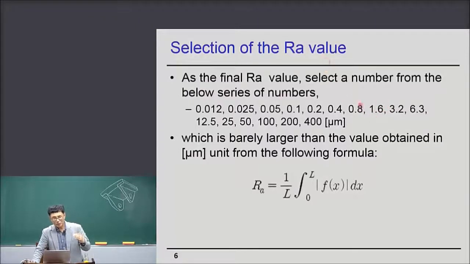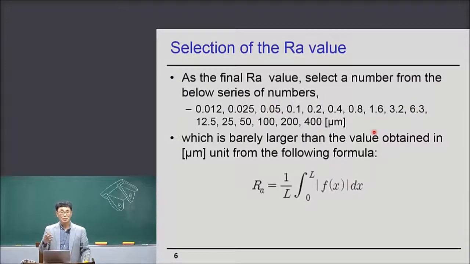So Ra values are selected from only these numbers, okay? If you get 1.25 micron in calculation, then 1.6 is your Ra value. If you get the value of 0.3, then the Ra value is 0.4 micron. So Ra values are selected only from these numbers.